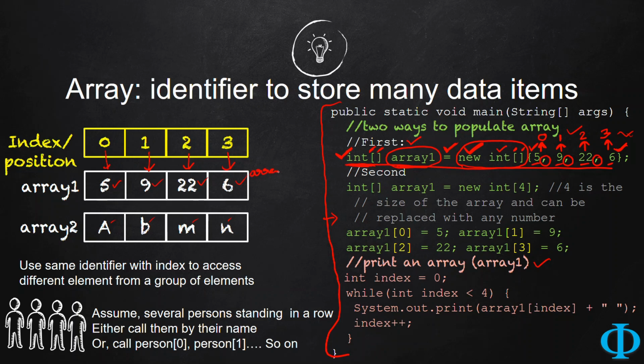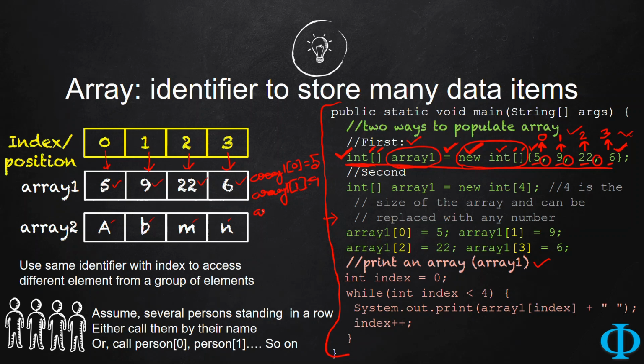Let's say this is my array 1. In index 0, I am assigning 5. Then array 1, index 1, it is assigning 9.